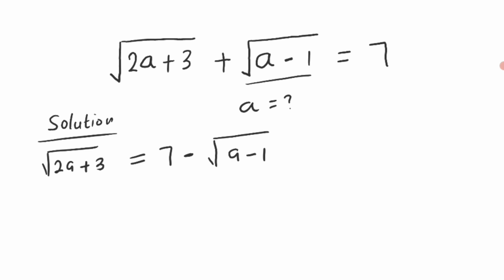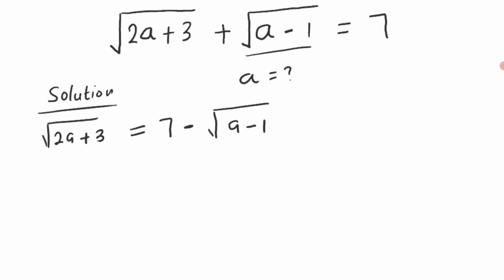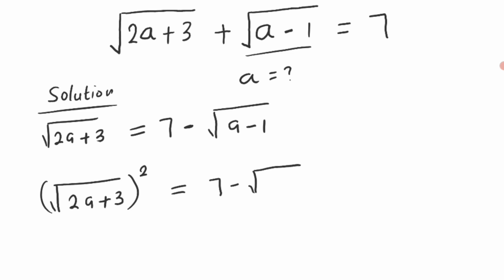Let us square both sides of this equation. This is square root of 2a plus 3 all square is equal to 7 minus square root of a minus 1 all square.